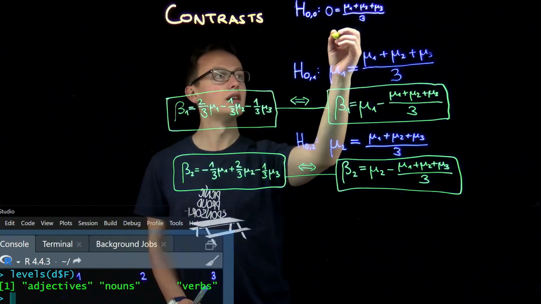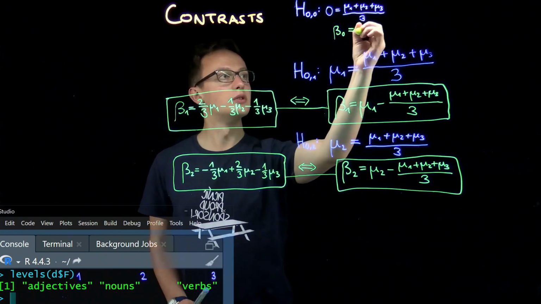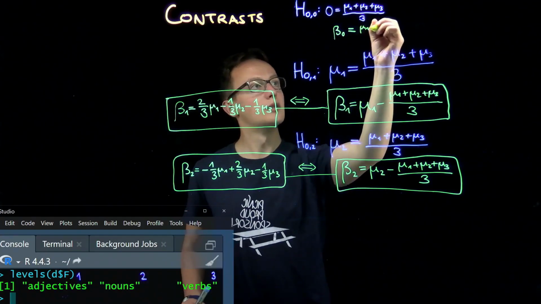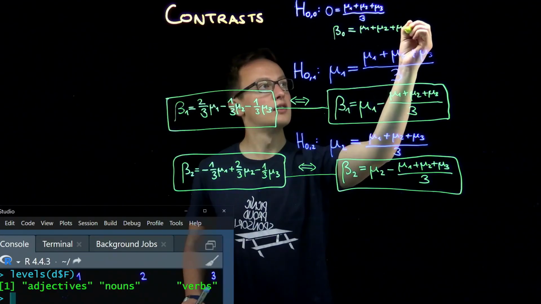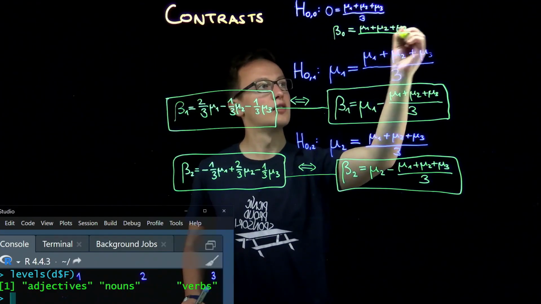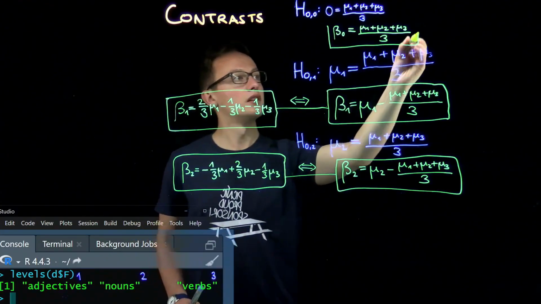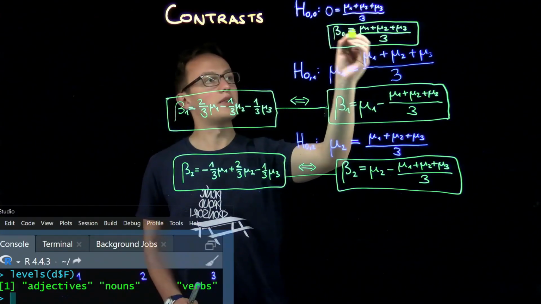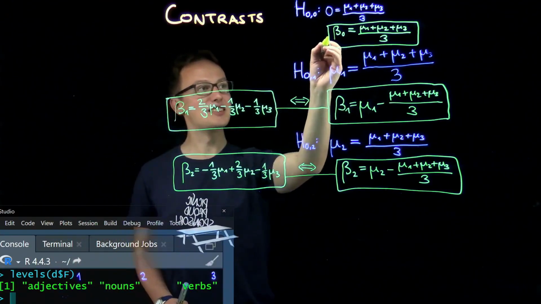So we would say beta 0 is equal to mu1 plus mu2 plus mu3 divided by 3, just the grand mean, right?